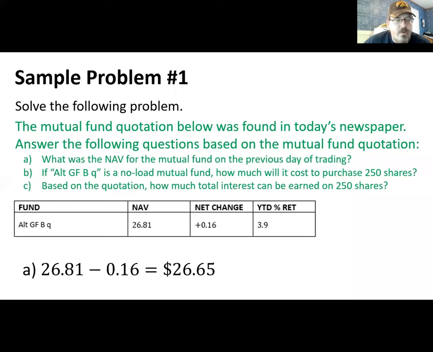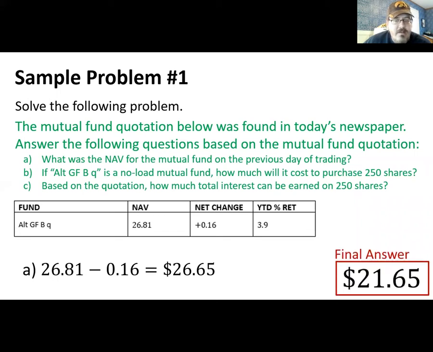And so the closing price on the previous day was 2665. Okay, I apologize for my typo on the screen. It should be 2665. So sorry about that. Please forgive me. I must have been tired when I put this PowerPoint together. Anyway, 2665 is the closing price on the previous day.